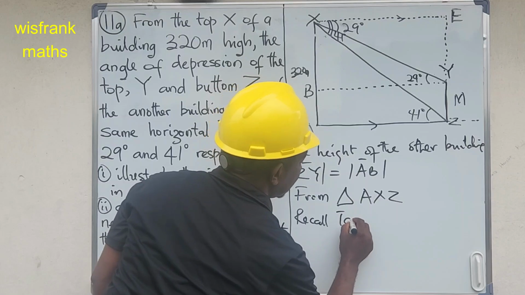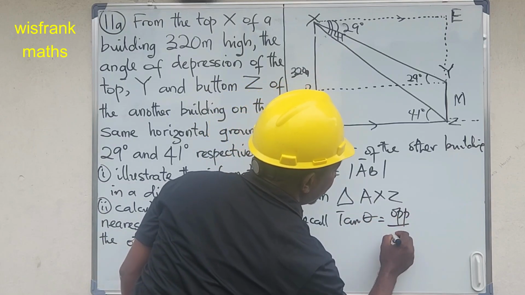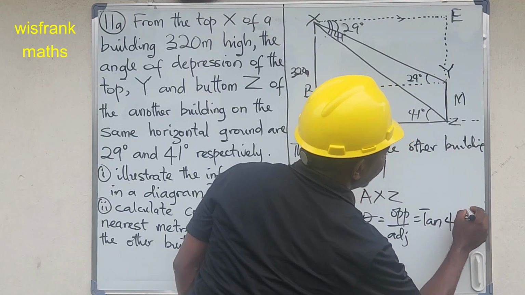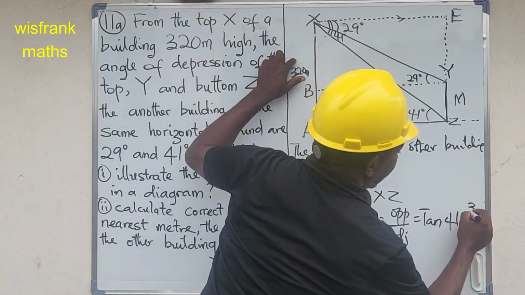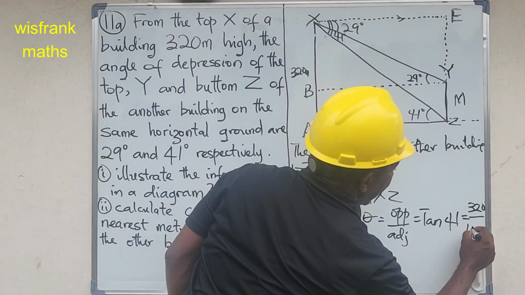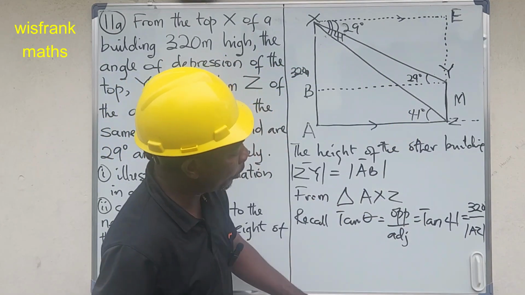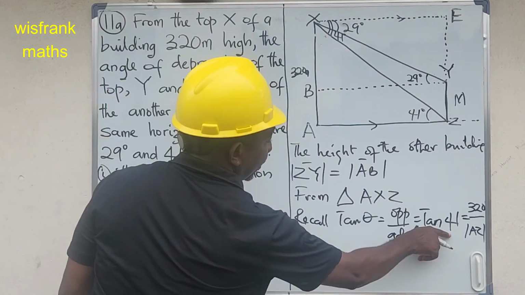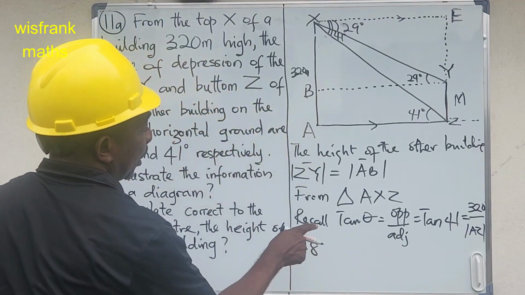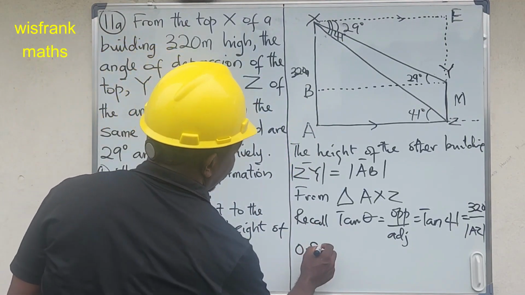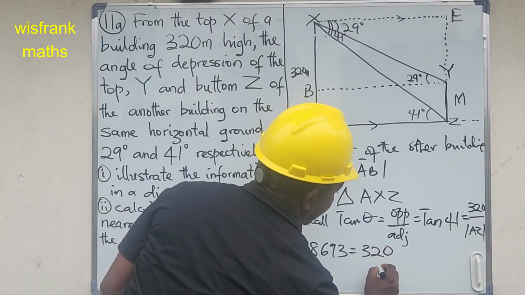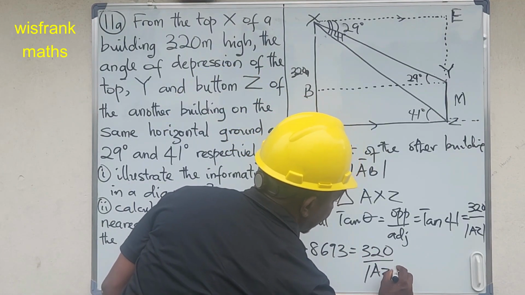Recall that tan theta equals opposite over adjacent, so tan 41 equals our opposite, which is 320, over adjacent. Adjacent is line AZ. We can cross multiply. Tan 41 is the same thing as 0.8693, which equals 320 over line AZ.